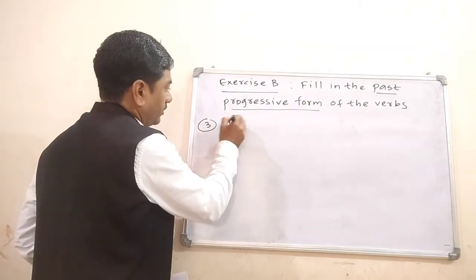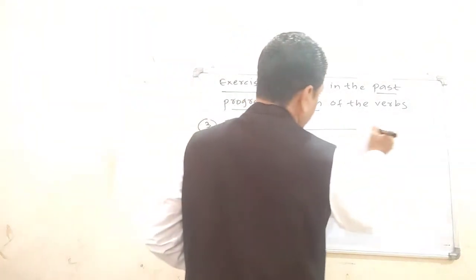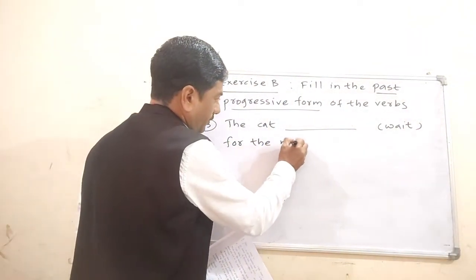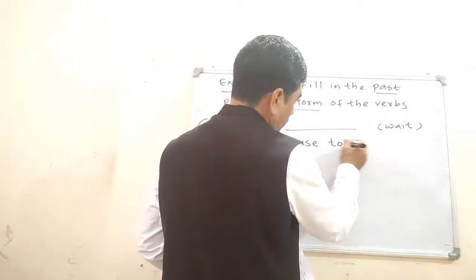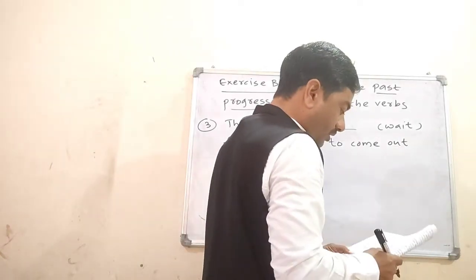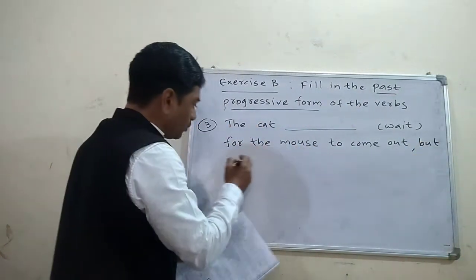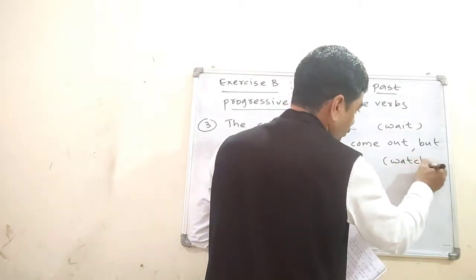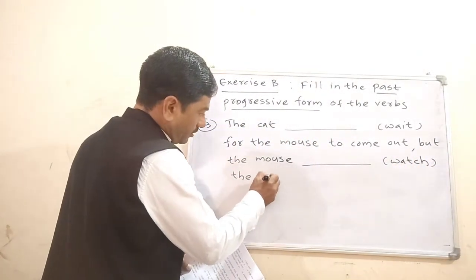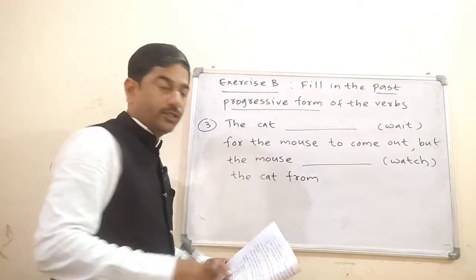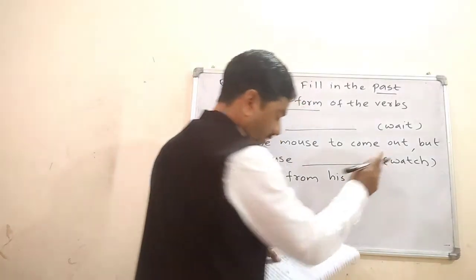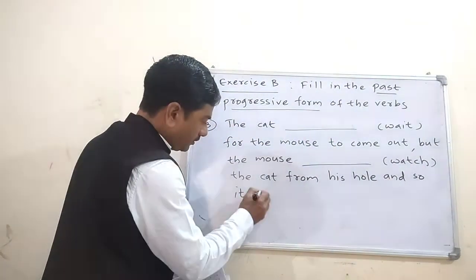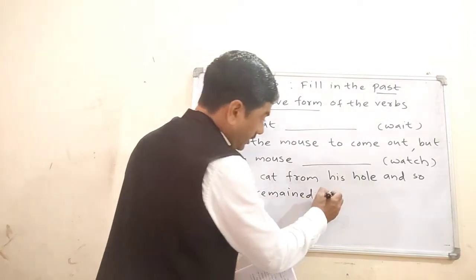The cat ___, then wait for the mouse to come out, but the mouse ___, they have provided the verb watch, the cat from his hole, and so it remained inside.